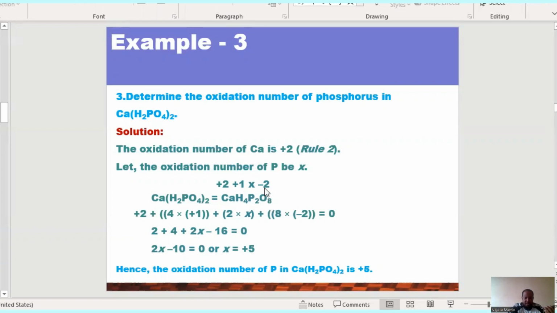And oxygen has a -2 oxidation state and subscript 8, so 8 multiplied by -2 is -16. 2 plus 4 plus 2x minus 16 equals 0. 2x minus 10 equals 0, or x equals +5. The oxidation number of phosphorus in calcium dihydrogen phosphate is +5.